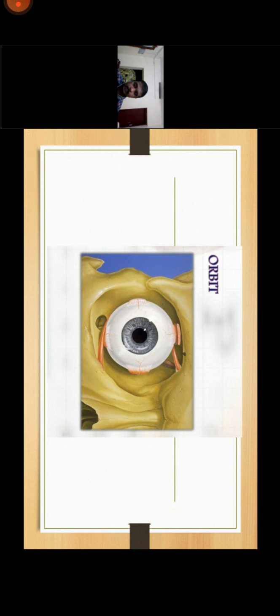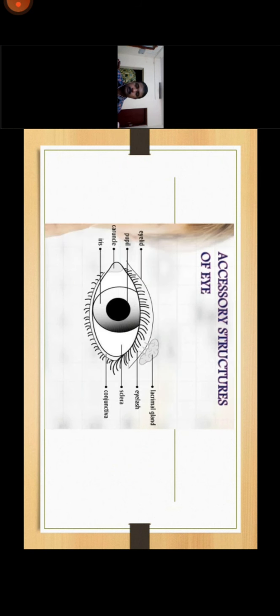All four recti and the oblique muscles are inserted to the annulus of Zinn, otherwise a ligament in a circular shape at the apex of the orbit. Then coming to the accessory structures, just keep in mind the position of the lacrimal gland, which is lateral and superior, then the caruncle, then the eyelids.